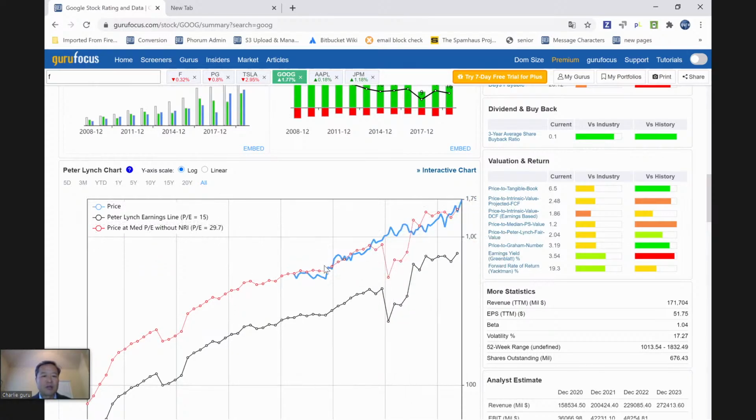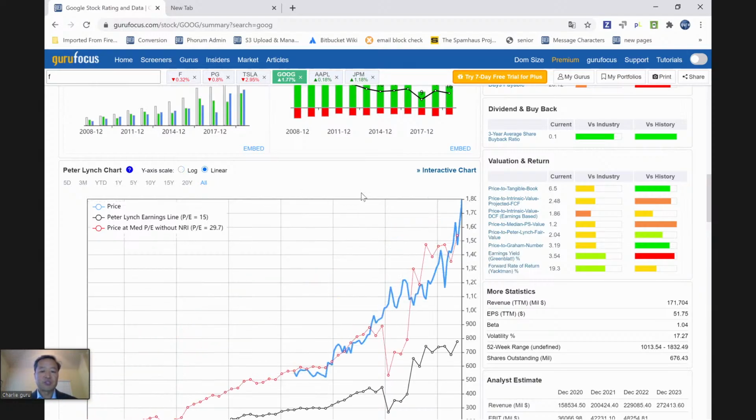And the median PE line seems to be a better indication of the value instead of Peter Lynch's earnings line in this case, because the price line is always far above it.